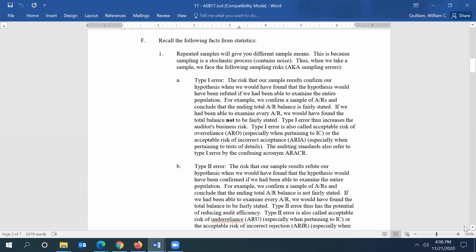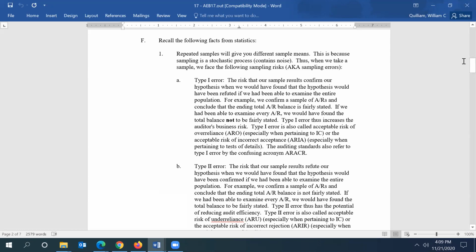Then we can recall the following facts from statistics. First of all, repeated samples will give you different sample means. Remember that sample mean that we saw before, it could be X bar or E hat, depending upon the author of your stats book.